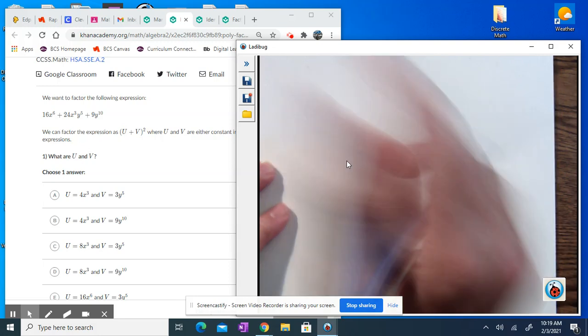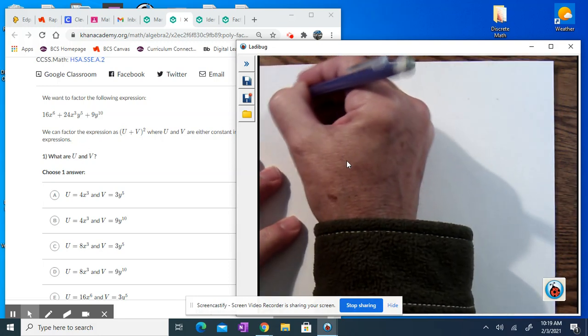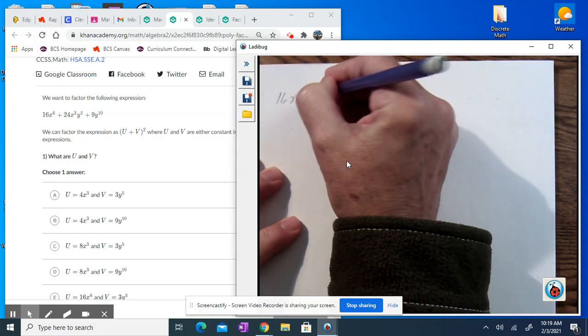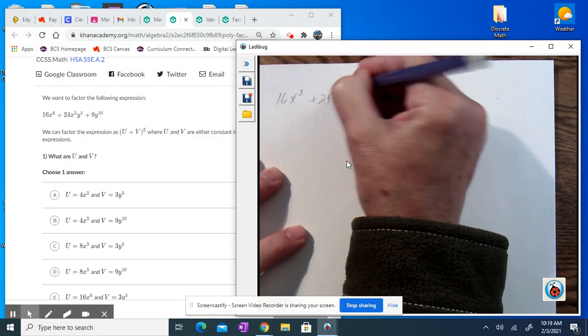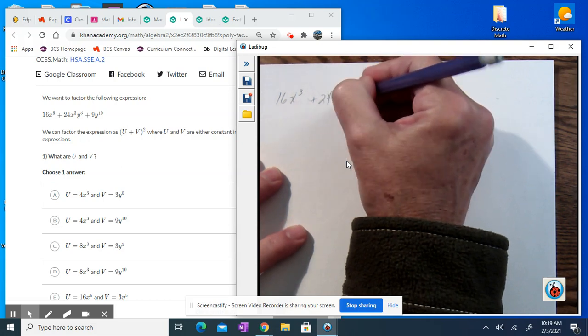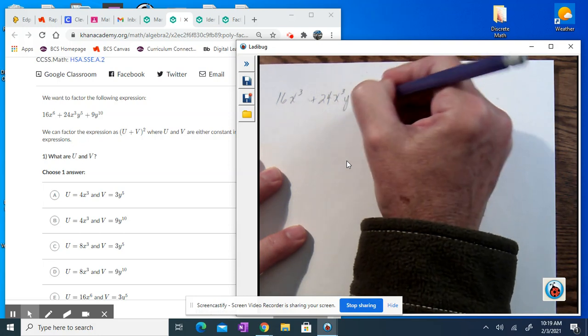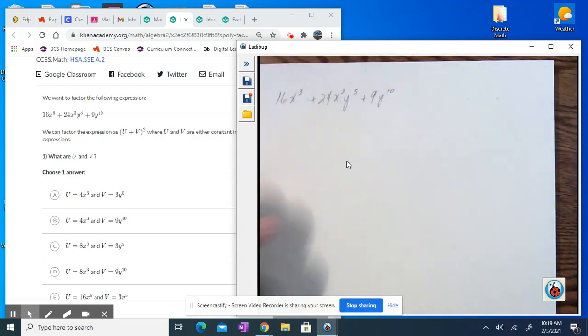Okay. So 16x³ plus 24x³y⁵ plus 9y¹⁰. All right, let's see.